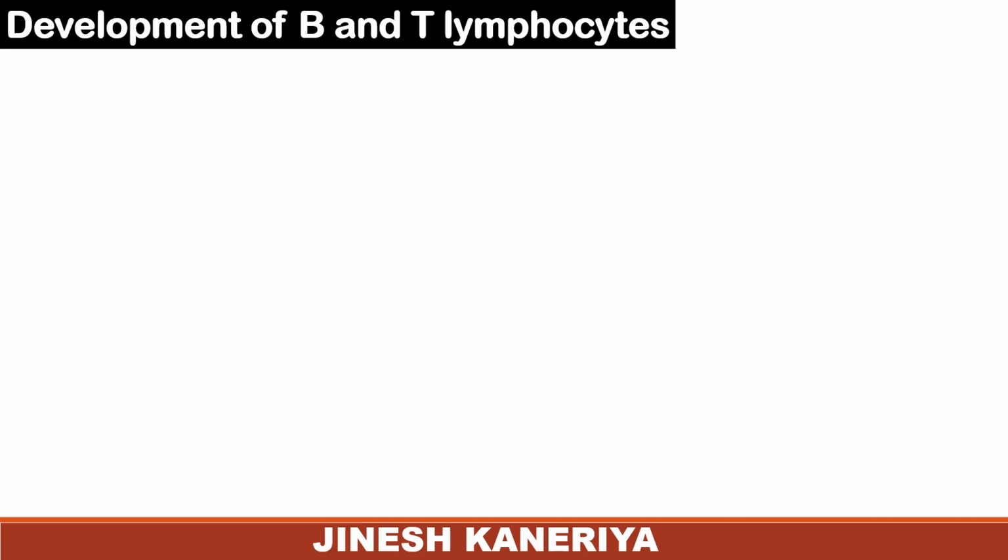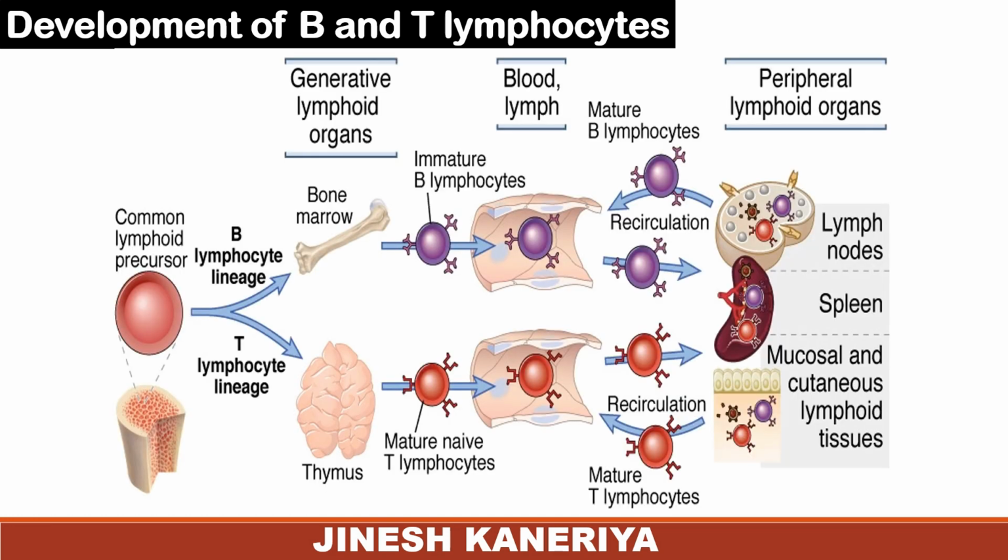Development of the B and T lymphocytes. The development is carried out from the common lymphoid precursor cell. The common lymphoid precursor cell and the B lymphocyte develop in the bone marrow, a generative lymphoid organ.